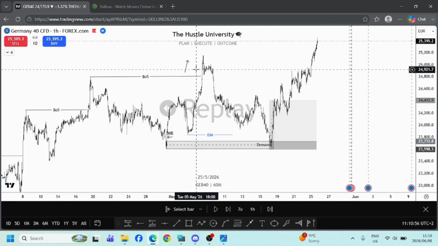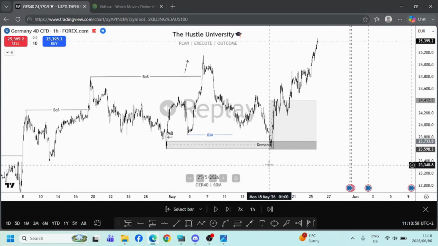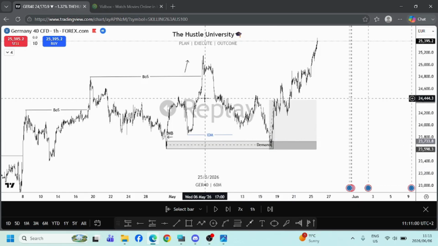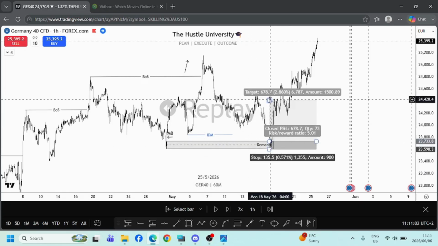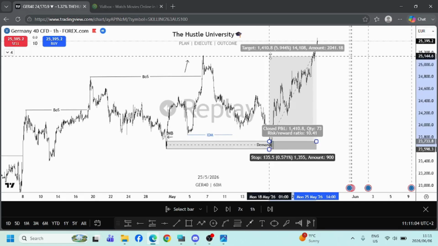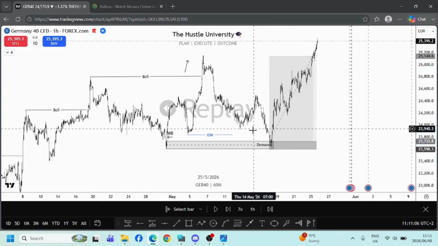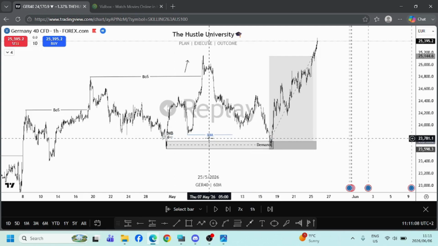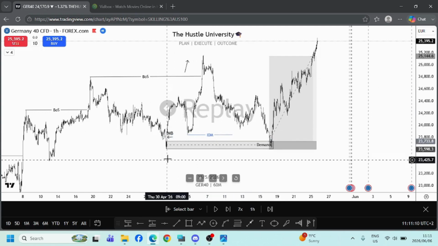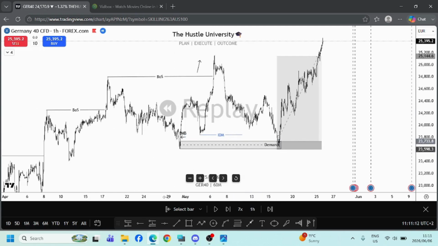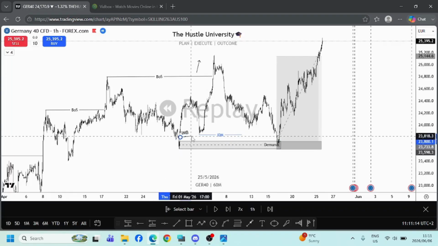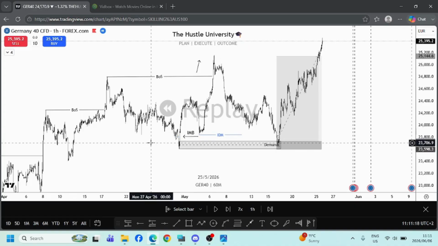Would you be willing to buy price above here? Where would your stop loss be laying? You get what I'm saying? Those are some of the things you get to learn, the confluences that we have in the Hasu University in terms of how to get into some of the trades, still the same application of ICC, and also understanding those levels, and the introduction of supply and demand, and how to actually understand it.